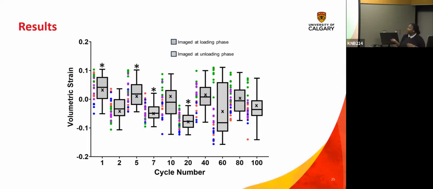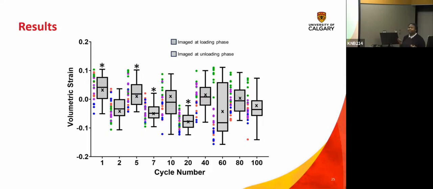So now looking at this behavior, at the peak of loading, we had a volume increase. And then when the load was removed, the cell shrank. And then you apply the load again, and at the peak you have a bit of a volume increase, even though over time that volume increase became less and also went to its own sort of recovery, trying to stay at that baseline volume that you started with.